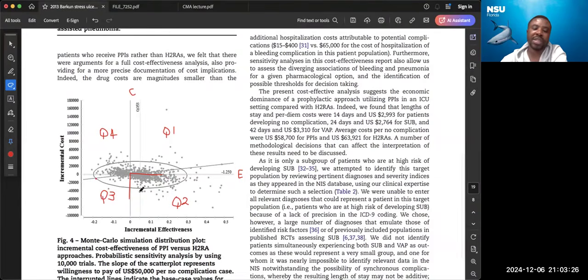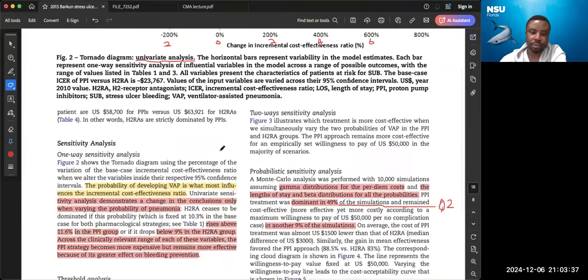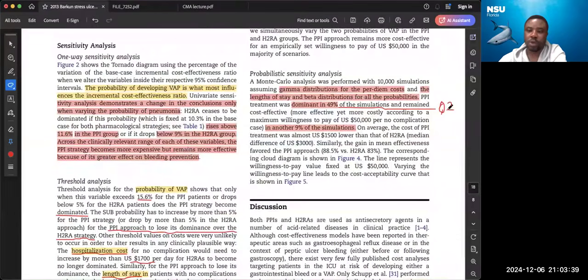So 49% means the PPI was dominant 49% here. So that's why I wrote this quadrant 2. I wrote this one here.